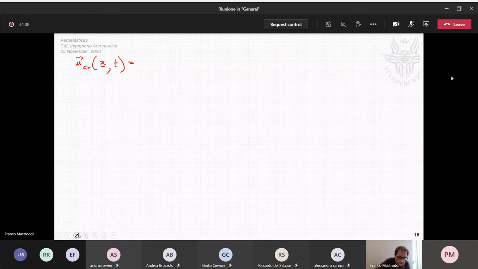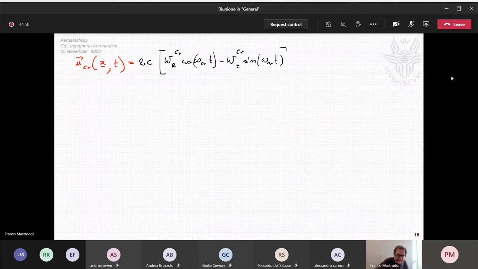This flutter vibration is then represented by a Q1, which is 2C, and we have W real part critical eigenvector cosine of omega critical T, minus W critical imaginary part sine omega critical T. And this is multiplied by psi 1.